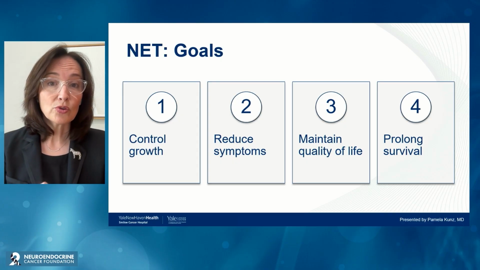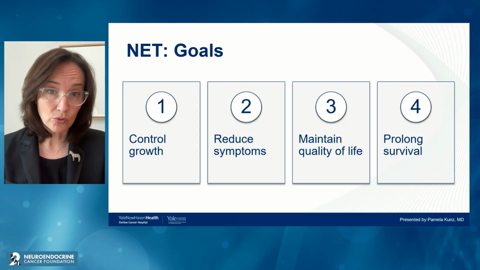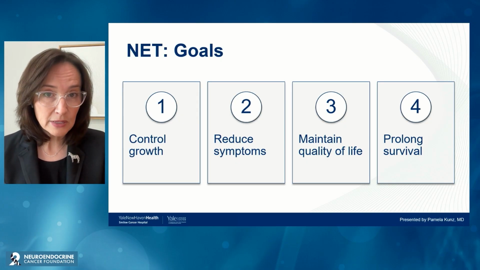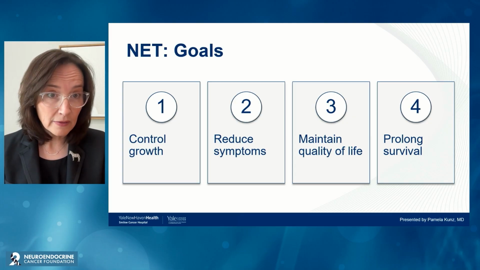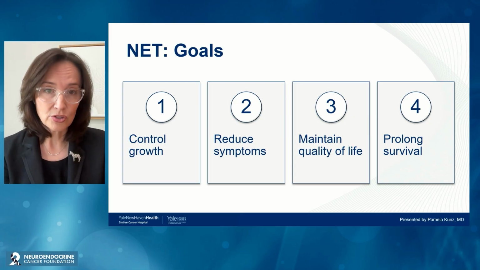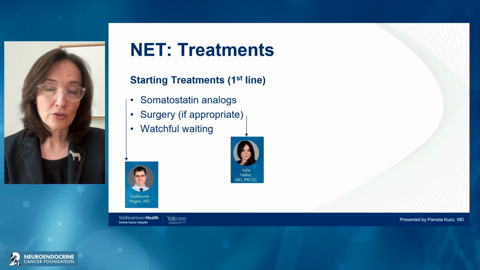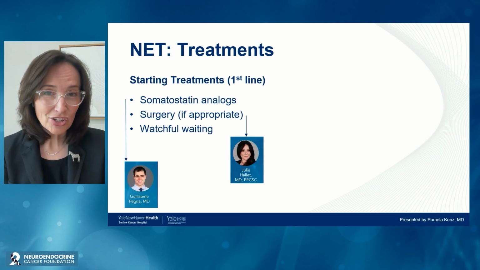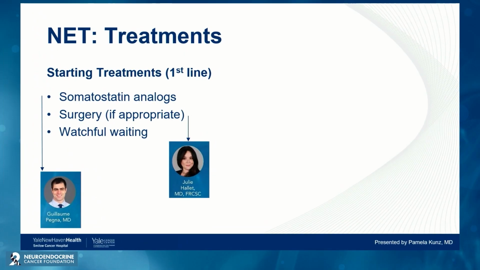In terms of neuroendocrine tumors, the goals are to control growth, reduce symptoms, maintain quality of life, and ideally prolong survival. For neuroendocrine tumors, starting treatments, in oncology lingo, we call first-line treatment. We can think about using somatostatin analogs like lanreotide or octreotide.